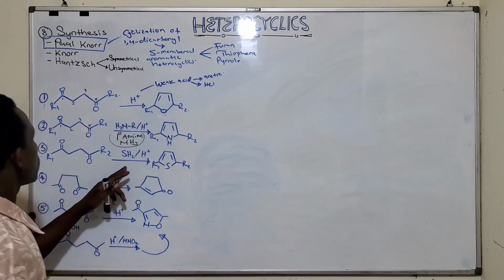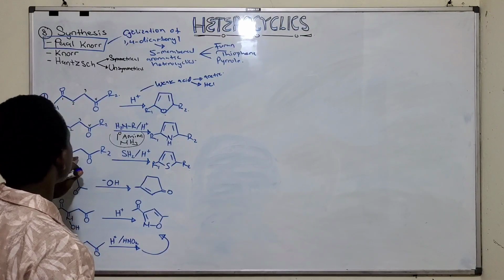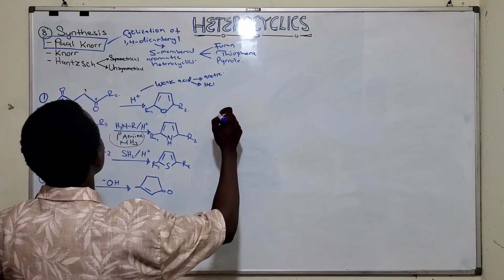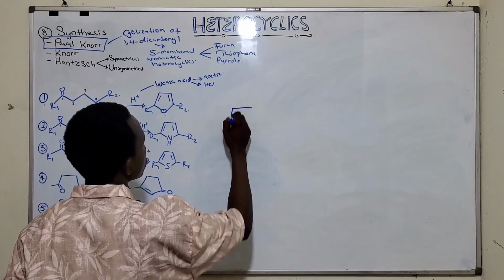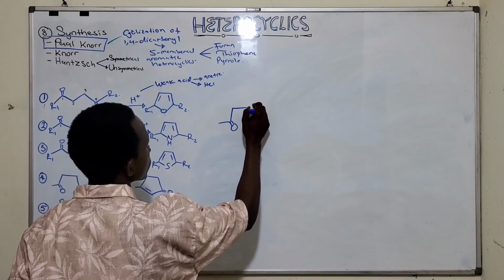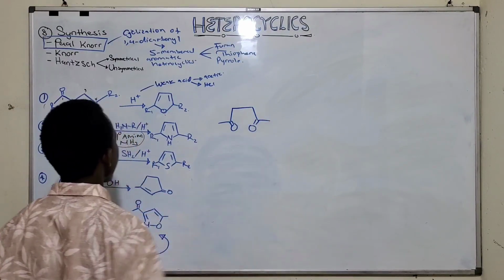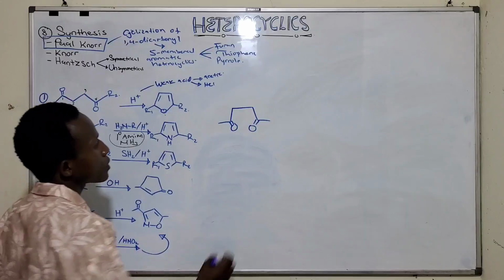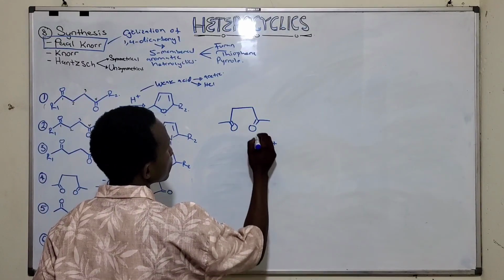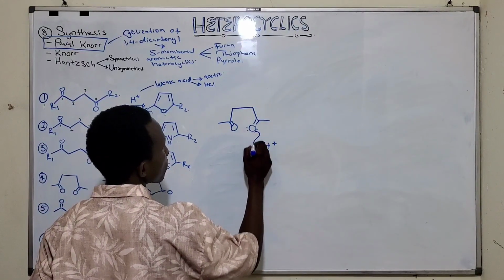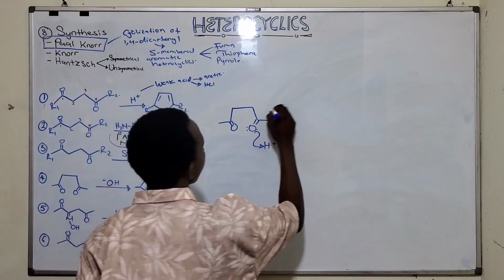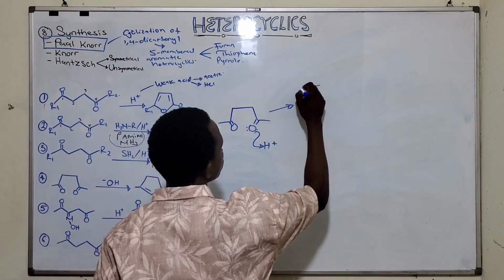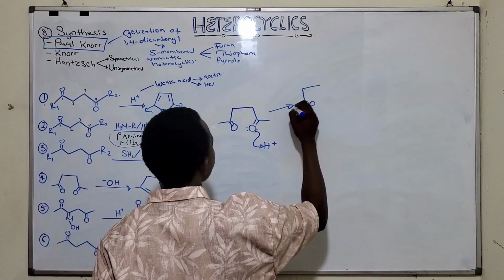Now, hydrogen sulfide and the 1,4-dicarbonyl compound, having this, acid catalyzed. You have our acid. Oxygen has lone pairs of electrons. So we shall form this.